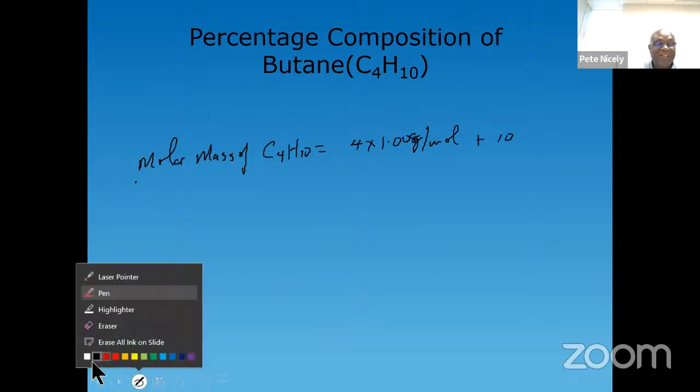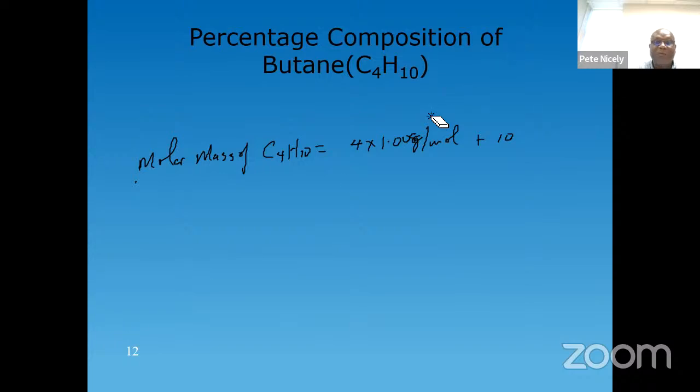The molar mass of carbon is not 1.008, it's 12.01. So let me correct that. This would be 4 times 12.01 grams per mole, and in the case of hydrogen, it's 10 times 1.008 grams per mole.